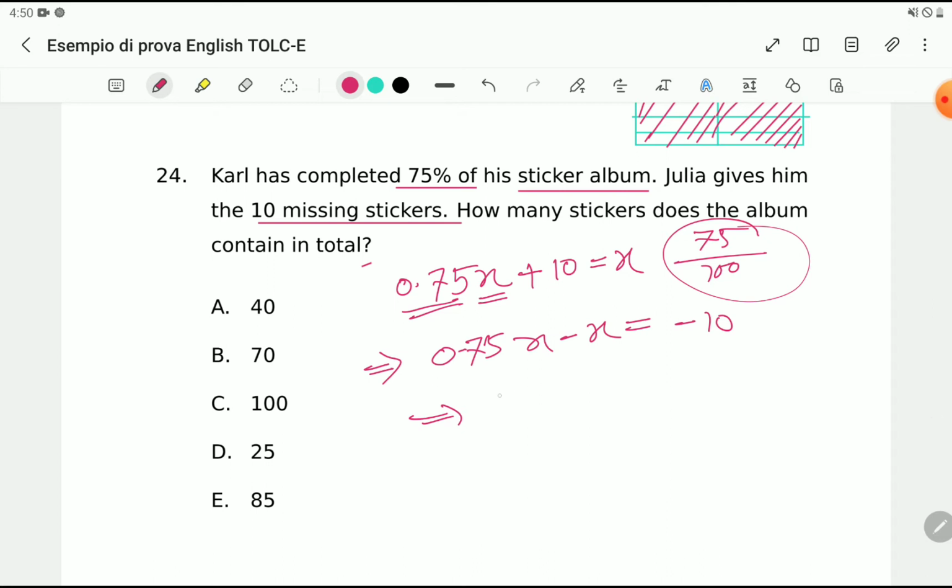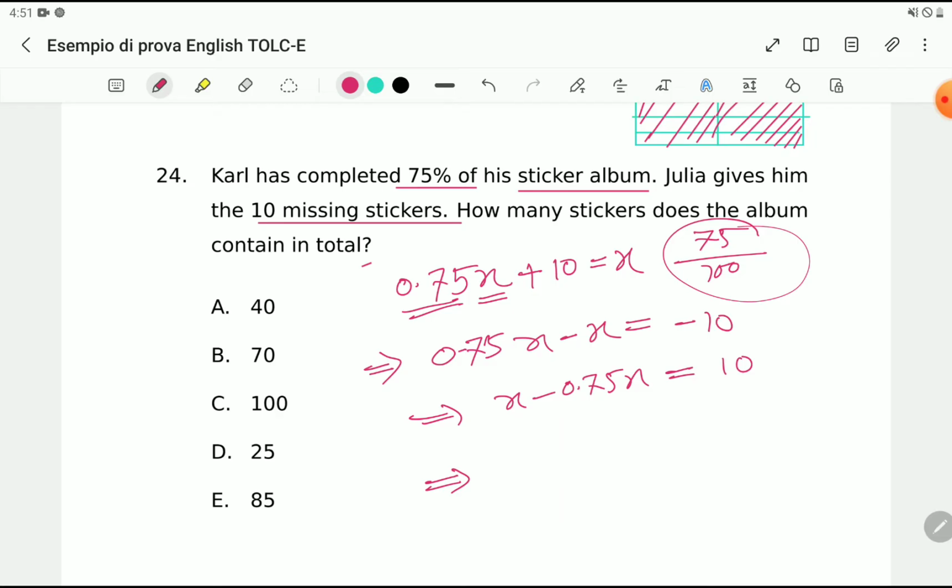We can write it this way, omitting the negative sign: x minus 0.75x equals 10, right? We multiplied both sides, left hand side and right hand side, by a negative sign.